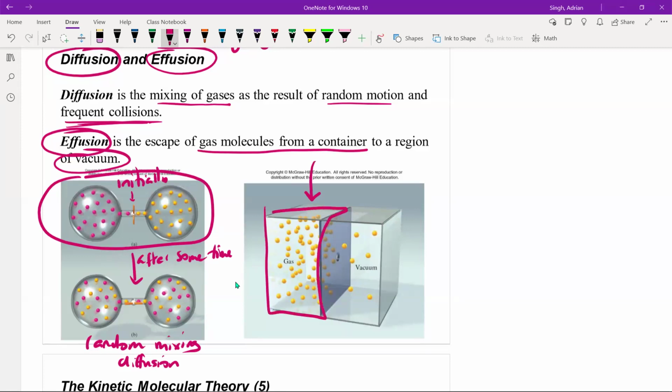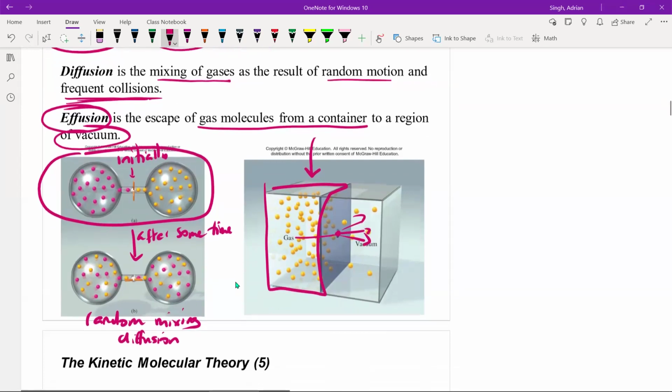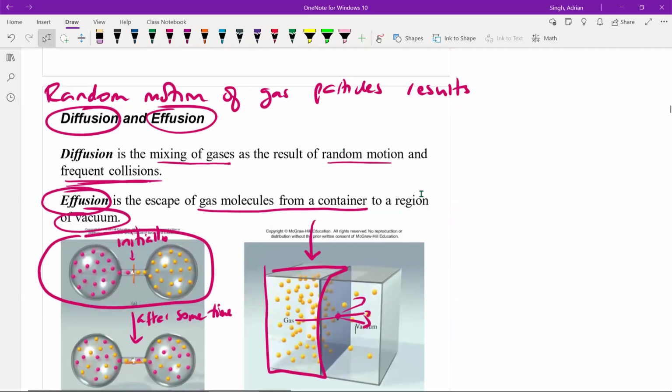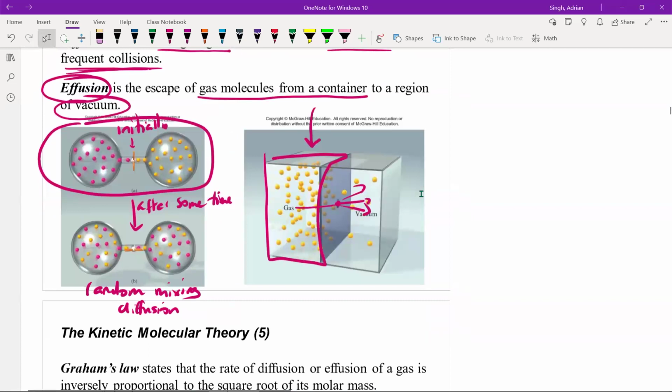If we had a hole that separated the gas on the left from the vacuum on the right, and we were to open that hole, then these gases would escape through it into the vacuum. That is what we mean when we say the gas effuses into that vacuum, and again it's a direct result of the random motion of your gas particles, whether they're molecules, atoms, whatever.